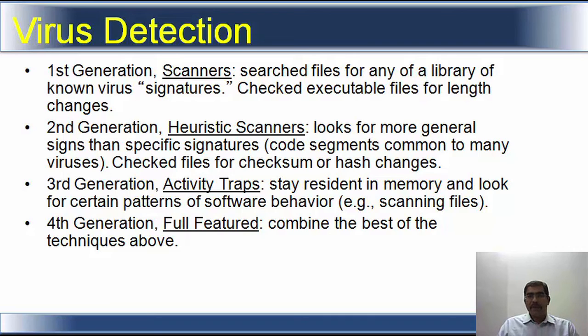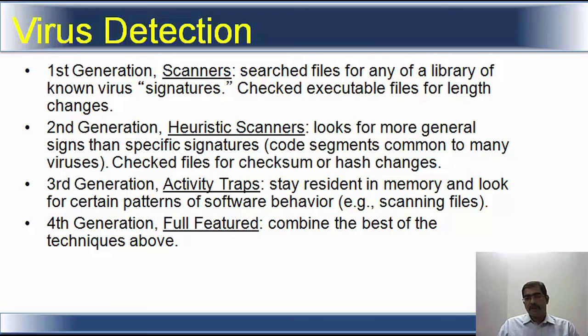They checked every file to see if there was any similarity with the virus database. And if the checksum of the executable had changed, or there was a change in length, they classified it as a virus.